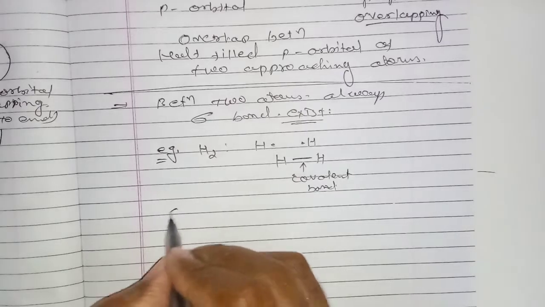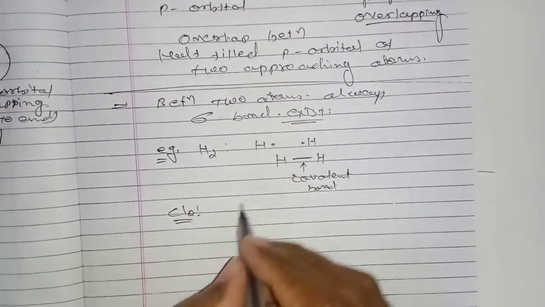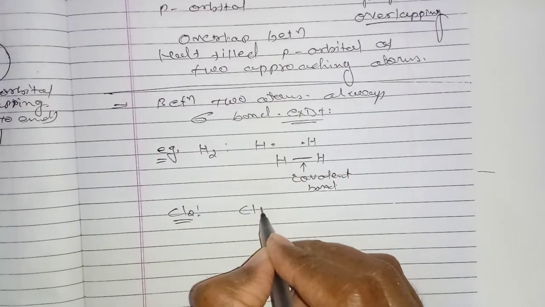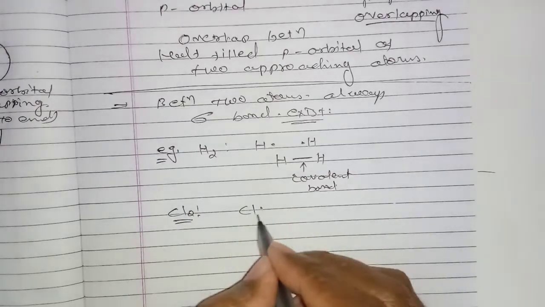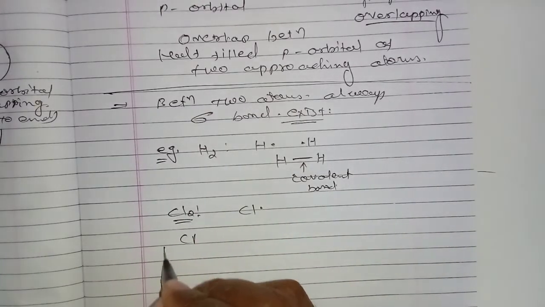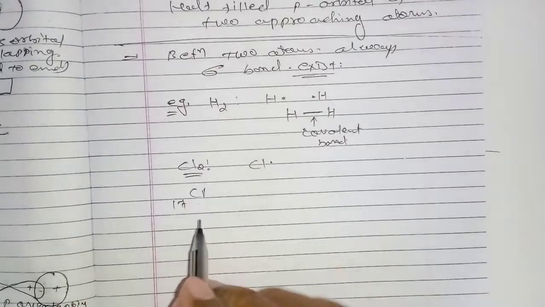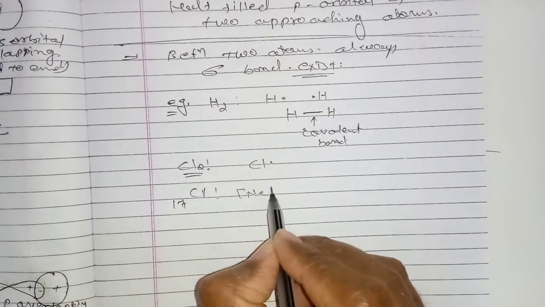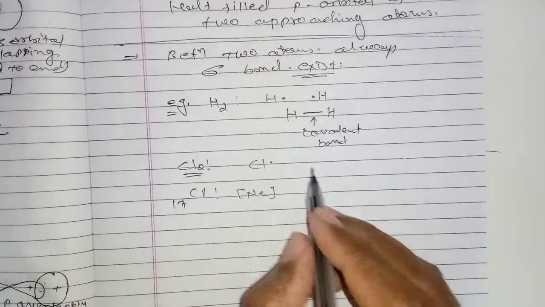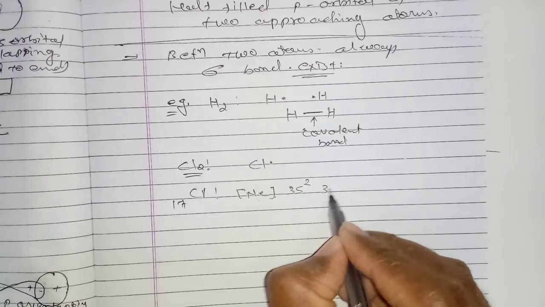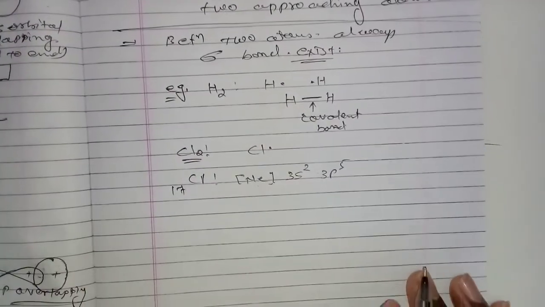Or in a chlorine molecule, the chlorine atom has atomic number 17, and electronic configuration is neon 3s2 3p5.